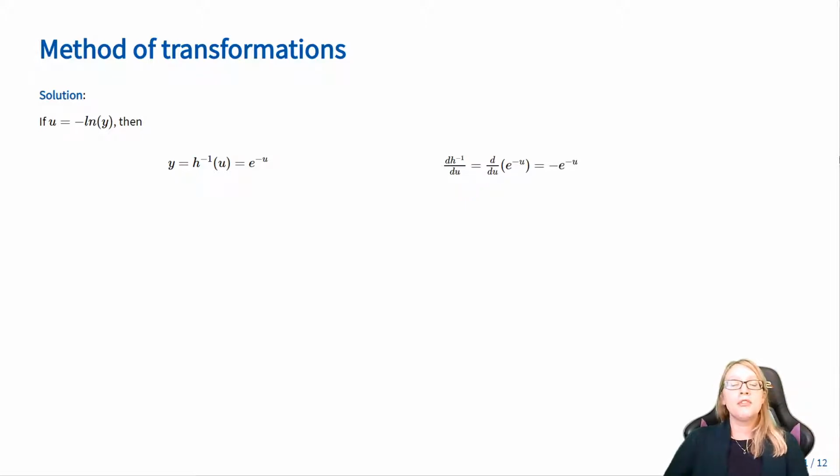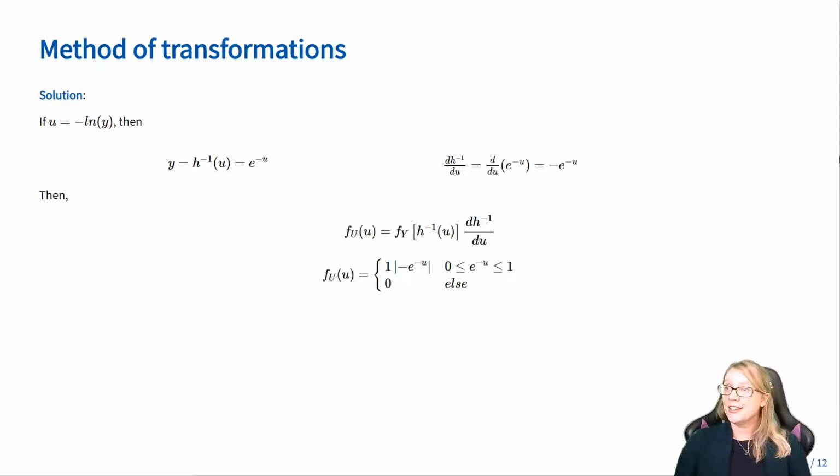So we'll need to find our inverse function first. If u is the negative natural log of y, then y is e raised to the negative u. We'll take the derivative with respect to u to get the derivative of the inverse. That's negative e to the negative u. So then, plugging everything in, we get something that looks like this.